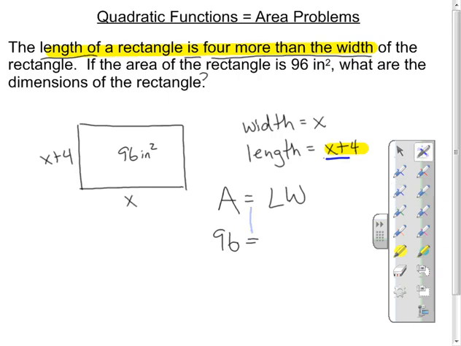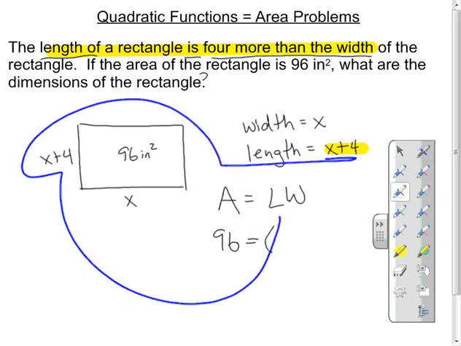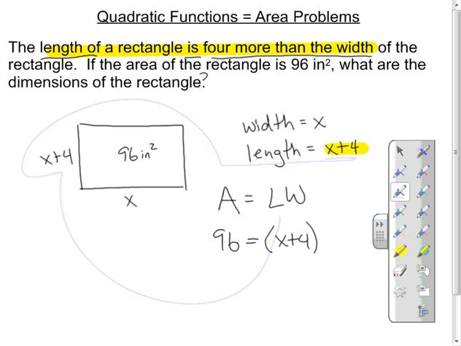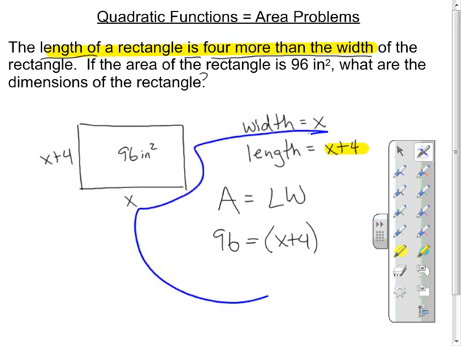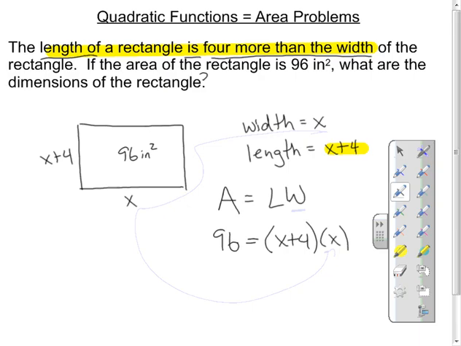The length is x plus 4, so we're going to plug that in here and multiply that by the width, which is x. So we establish an equation that says 96 equals the quantity x plus 4 times x.